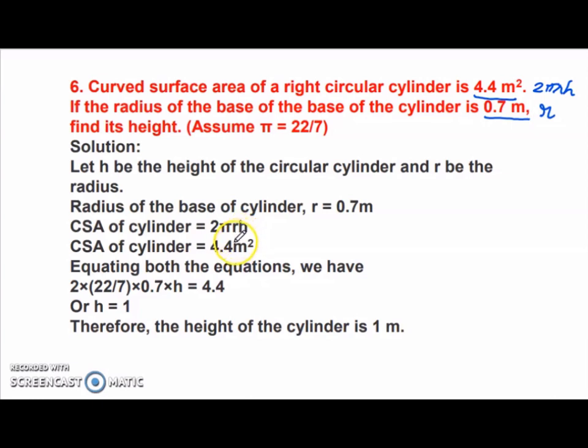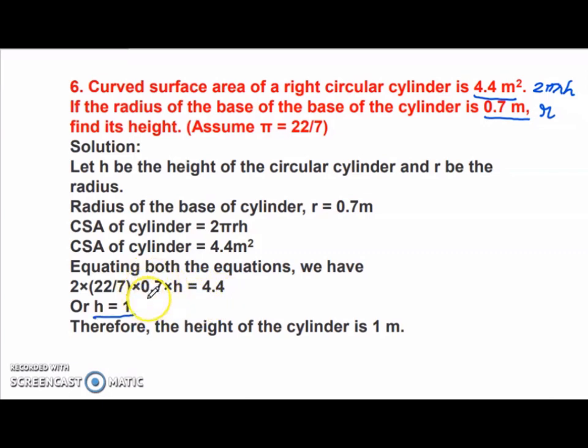So 2 pi RH you will equate it to 4.4 here. Over here you can substitute the value of the radius and you have to find the variable, that is height. So 2 into 22 by 7 into 0.7 into h is equal to 4.4.